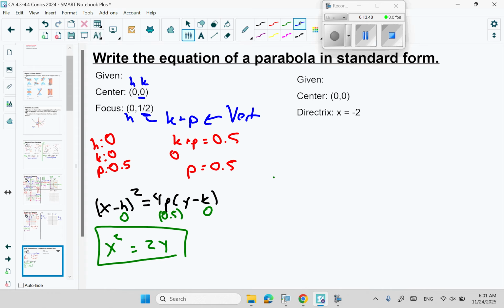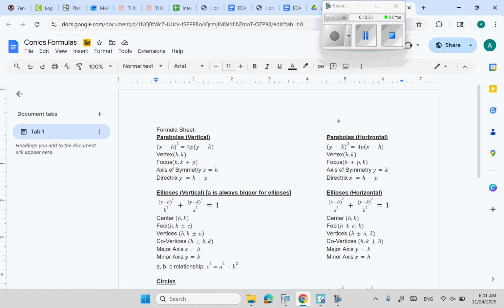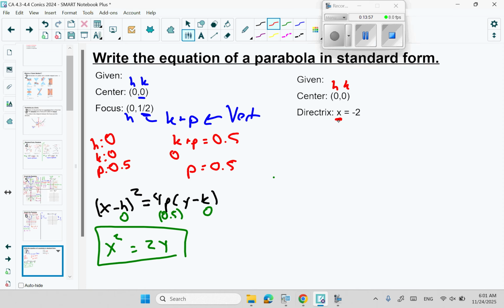Over here, same idea. I know that my center is h, k, and here I'm given that the directrix is an x equals. So looking at my formula sheet, I'll see that x equals h minus p is a horizontal. So I know first that this is horizontal and that negative 2 equals h minus p.